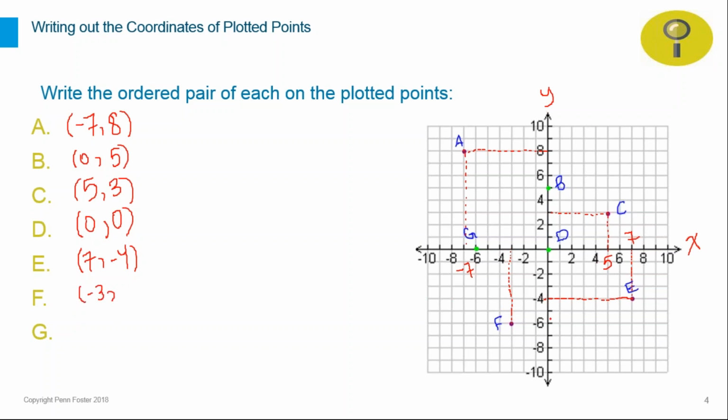For the y-coordinate, it is going to be -6. So -3 and -6 for point F. The last point G is right on the x-axis. So the x-axis has a value of -6, but we did not go up or down, so the y would be 0.